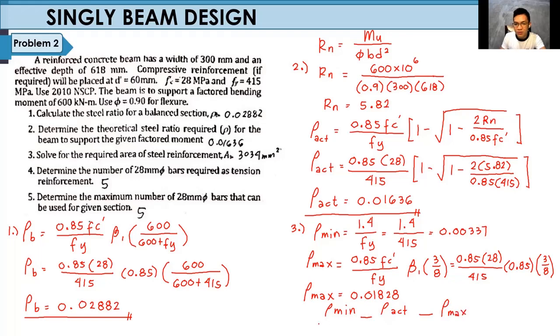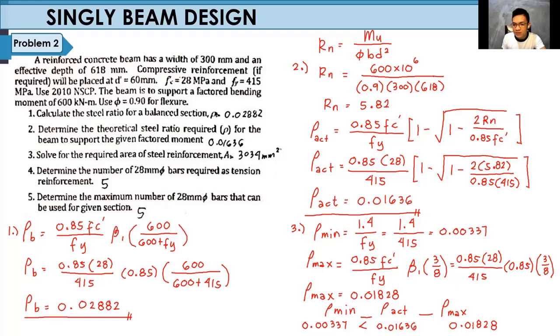Lapag natin, raw minimum is 0.00337. Yung ating raw actual is 0.01636. Then raw max natin is 0.01828. So, clearly, mas malaki yung raw act natin kaysa sa raw min, di ba?